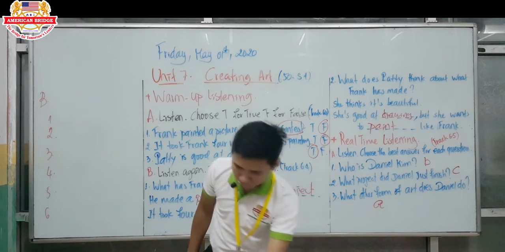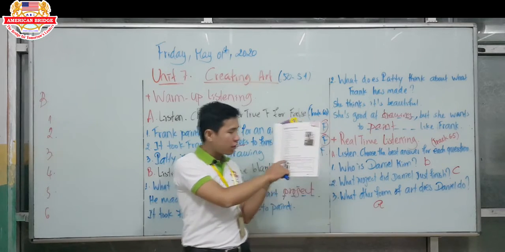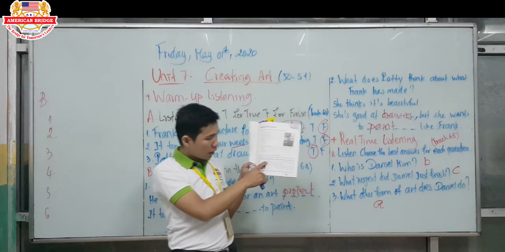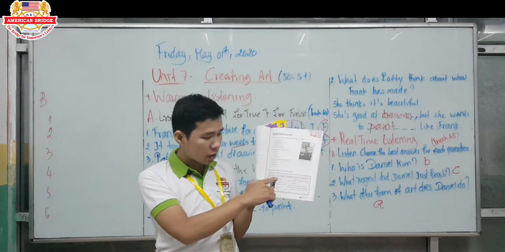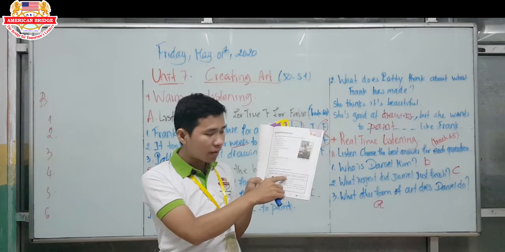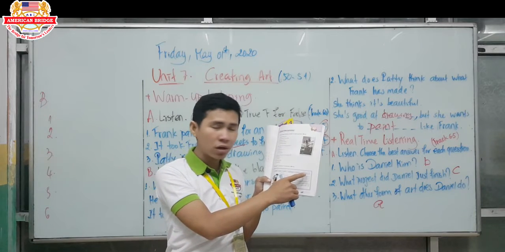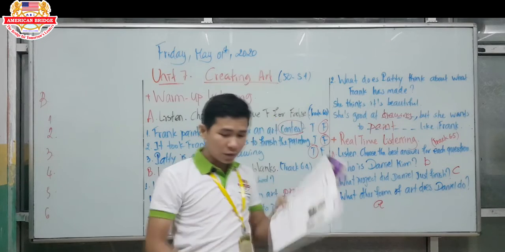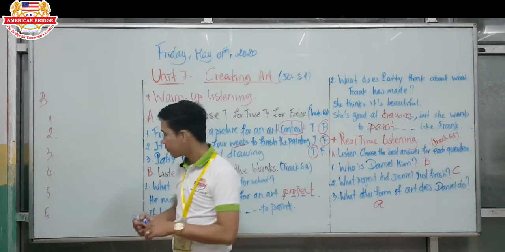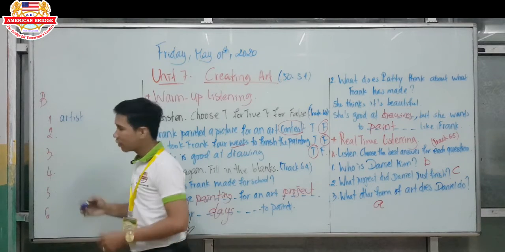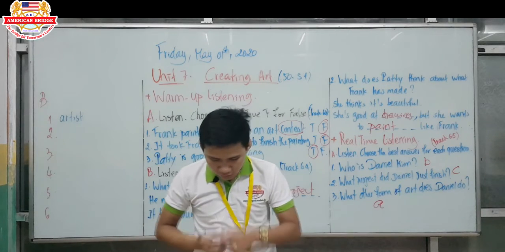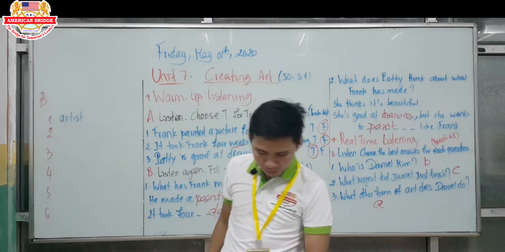Okay, number 1. The words are already given in the box. A famous what? A famous skills, a famous artist, a famous wings, a famous painting, a famous project, or a famous sculpture. So number 1 is a famous artist. A famous artist is being interviewed. His name is Daniel Kim.